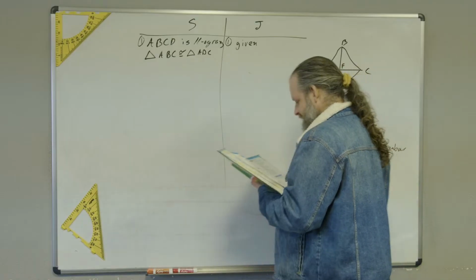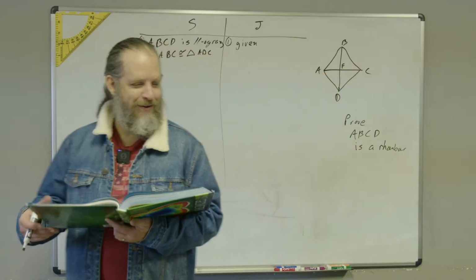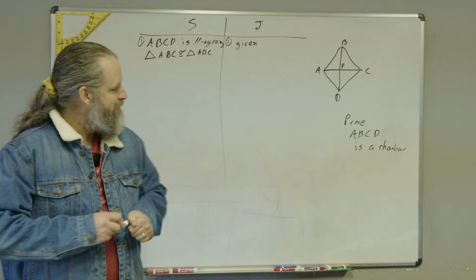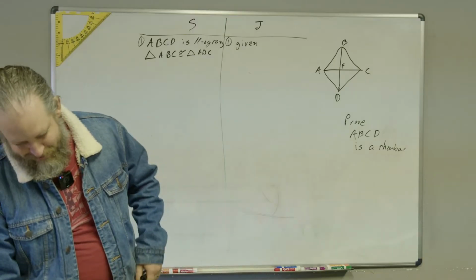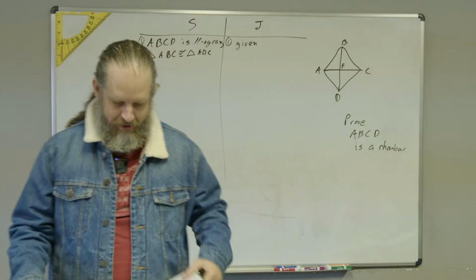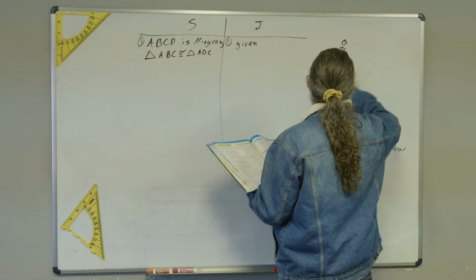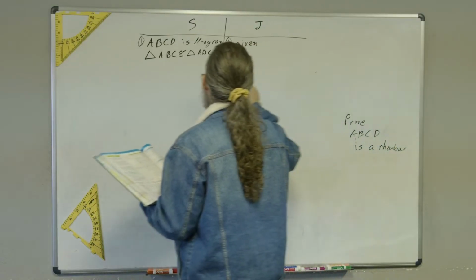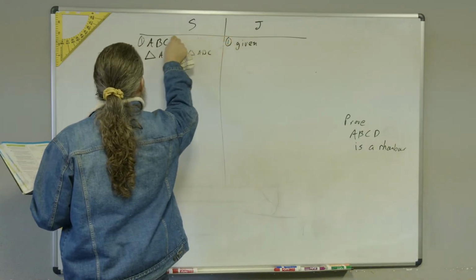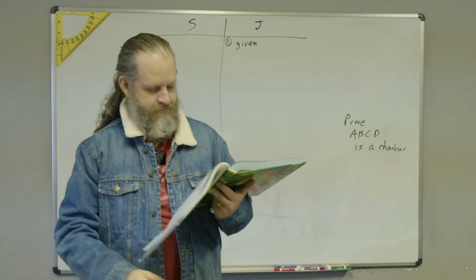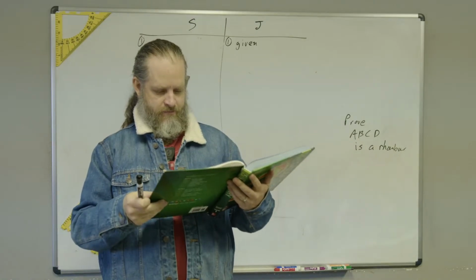Oh, 15 is what I wrote down, which is not what you asked for. Let's try again. We're still supposed to prove that ABCD is a rhombus, but the picture looks totally different. I think... Oh, no, just kidding.